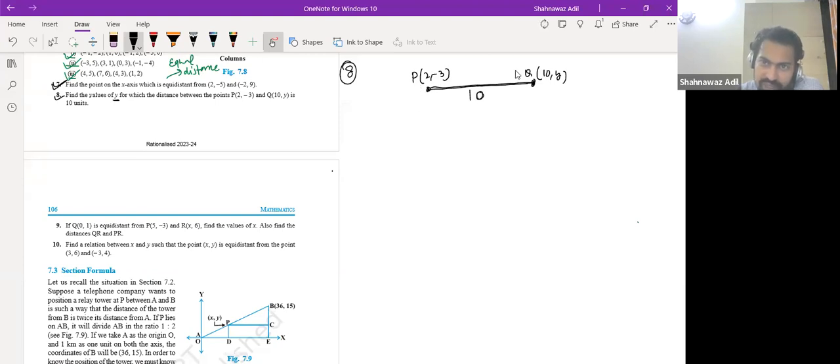And from the distance formula, what is PQ? Root of (x1 minus x2) whole square plus (y1 minus y2) whole square. So x1, which is 2, minus 10, plus minus 3 minus y, the whole square.